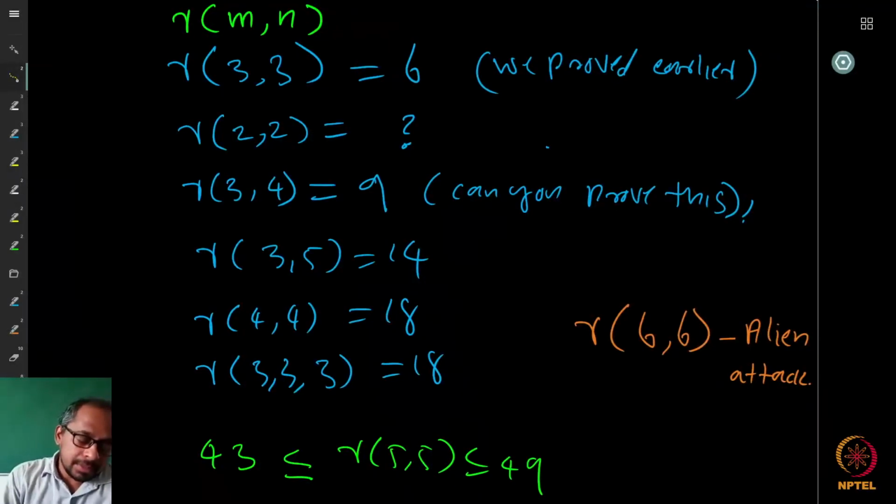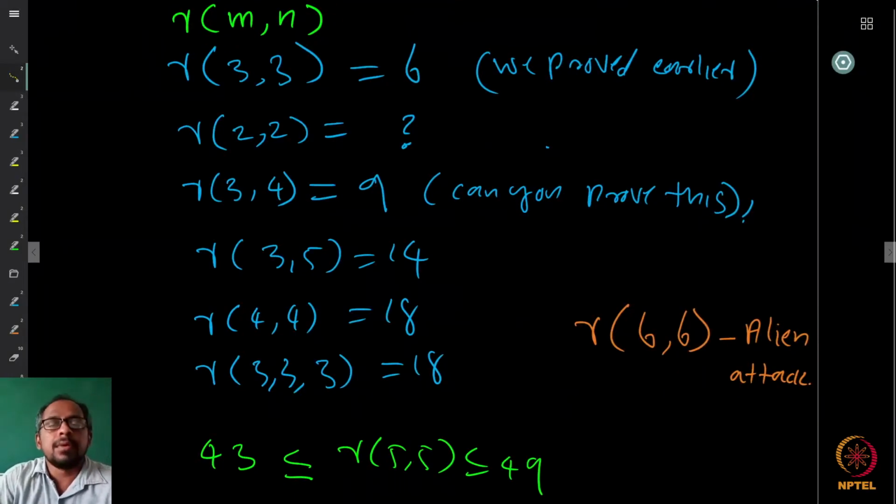Now, using the same notation, what is R of m, n? R of m, n says that you are looking at a 2-coloring, because there are only 2 arguments here, and you are looking for a complete graph on m vertices as a subgraph with the first color, all the edges having the same color, or a complete graph on n vertices where all the edges have the second color.